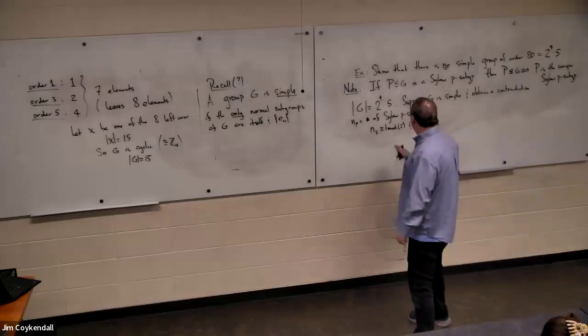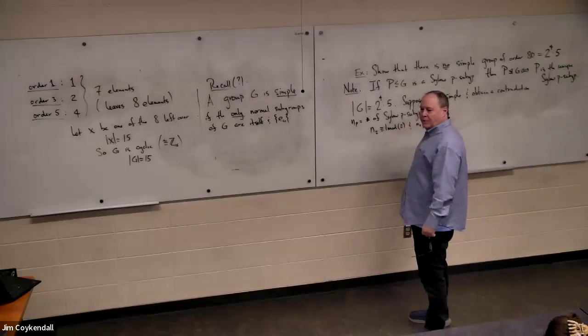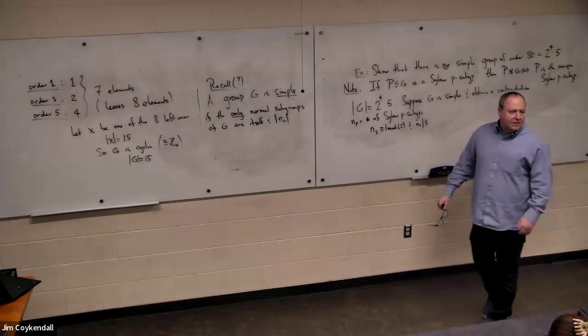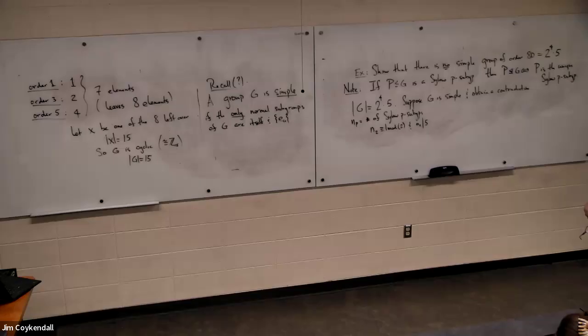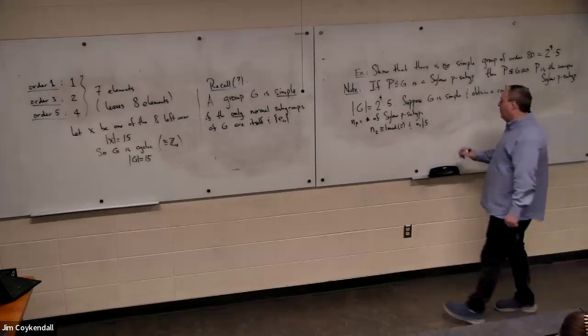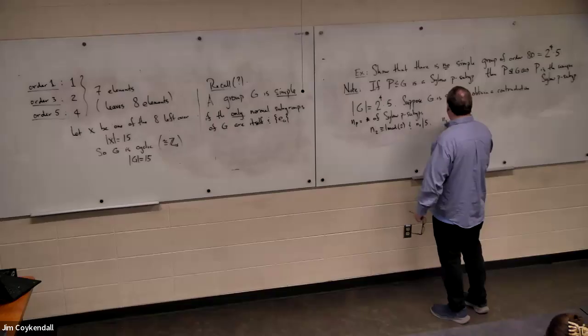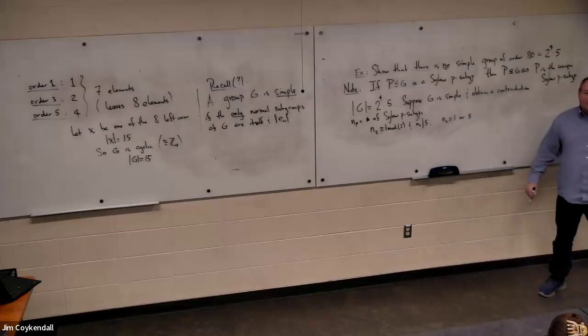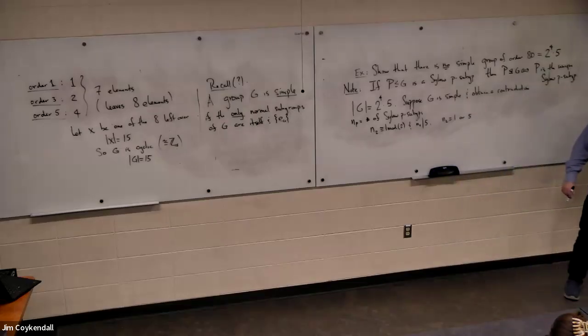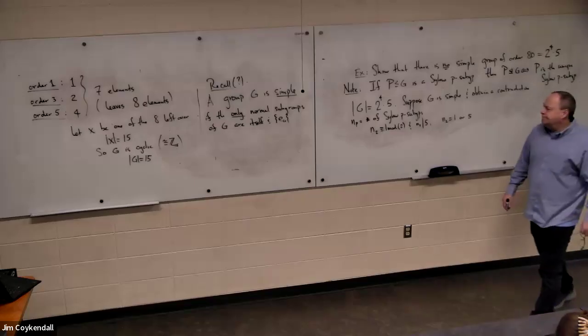So the number of Sylow 2 subgroups is congruent to 1 mod 2. That's not really that useful; it just tells you that n_2 is odd. And it divides 5. Now, unlike the previous example, we have 2 options, and either one of these fits the bill. Everybody agree with that? So there are 2 options there.